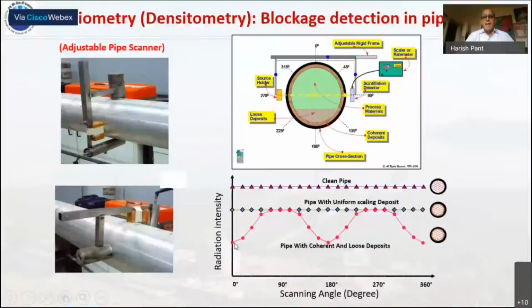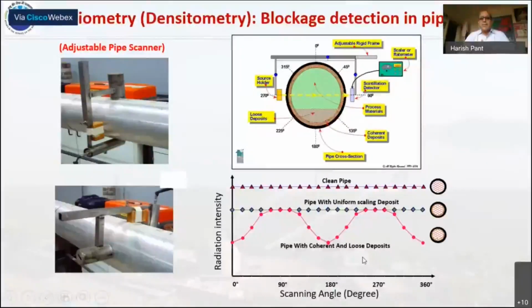If you scan it in the angular direction, this will be the scan. You can see that at 90 degrees, where the source and detector are here, there will be a sudden dip in the intensity of the radiation. That way, one can find out at which angular position there is a blockage.